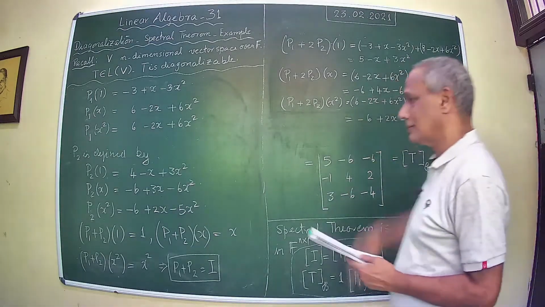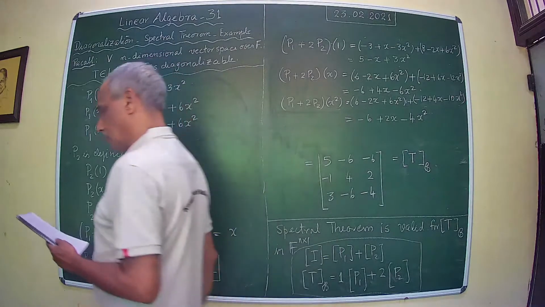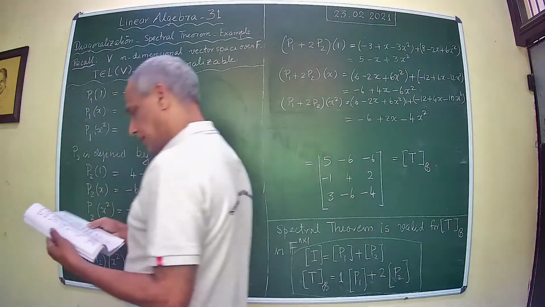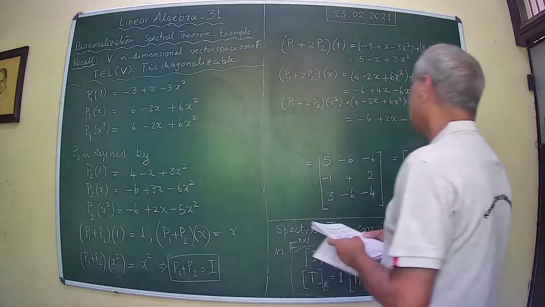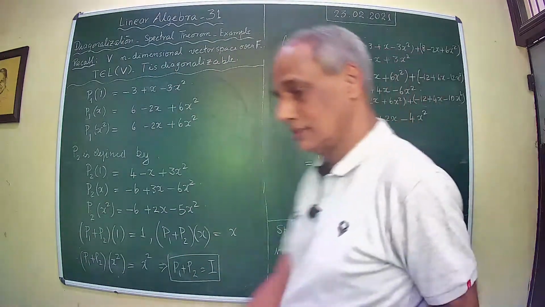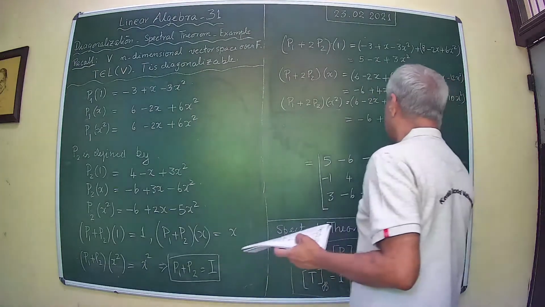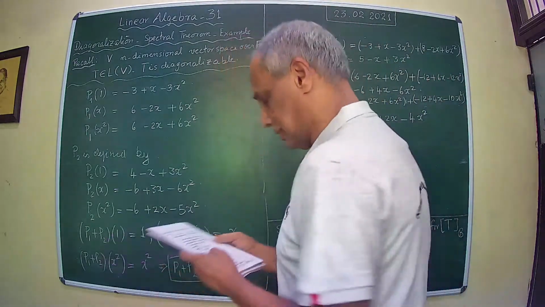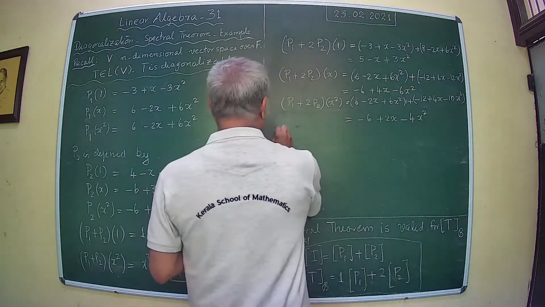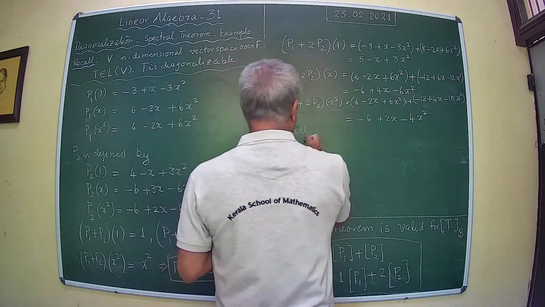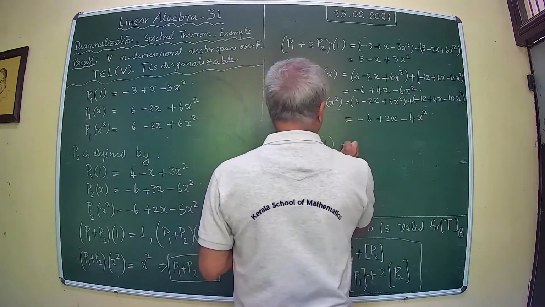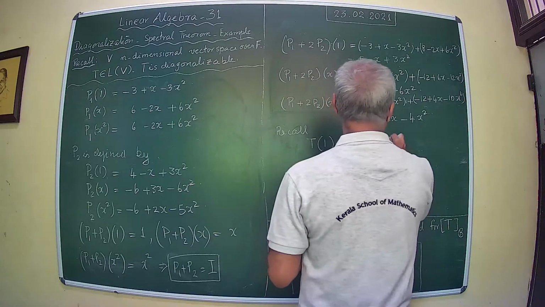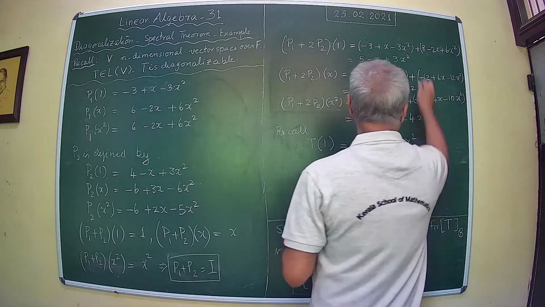Now let us check with what we have started with. We have started with the definition of P. Now the definition of P is this. Recall: P of 1 equal to 5 minus x plus x squared, this is the one.